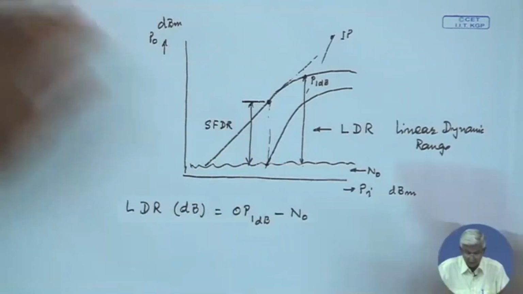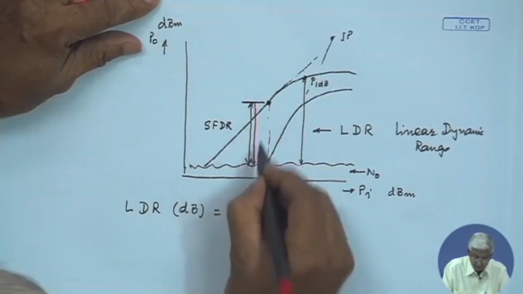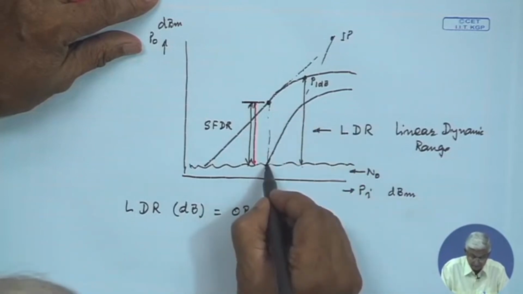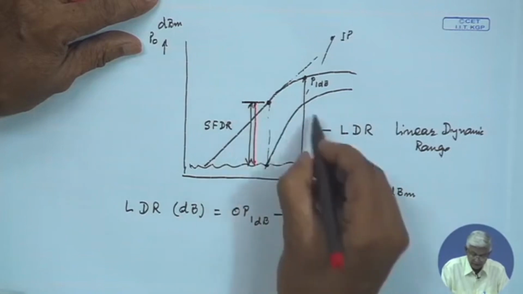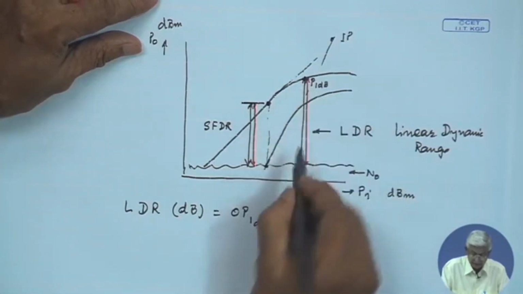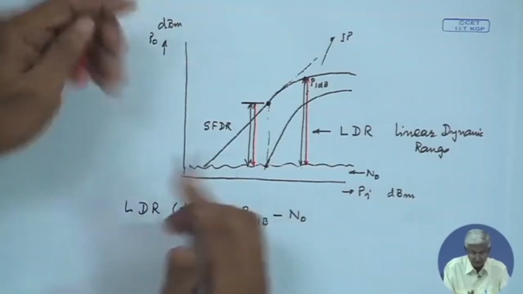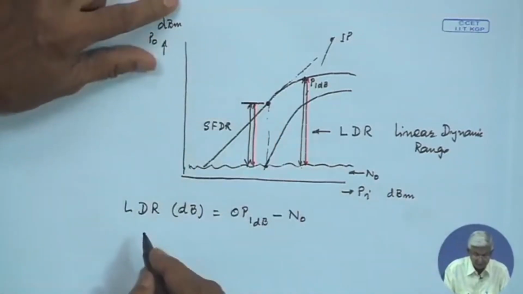I can color it. This one is the spurious free dynamic range, from the point where the spurious started coming in to the linear dynamic range point, and this is the linear dynamic range from the output point of view. The same thing can be said in terms of input, but since we are talking about the amplifier, it is the output spurious free dynamic range.